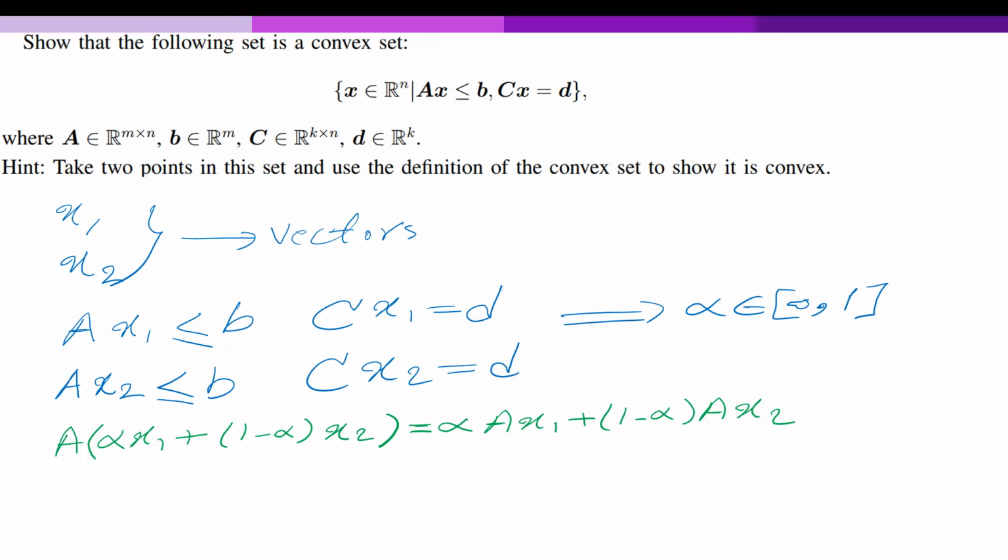So overall we can say that this whole term is less than or equal to alpha b plus 1 minus alpha b, which is b.